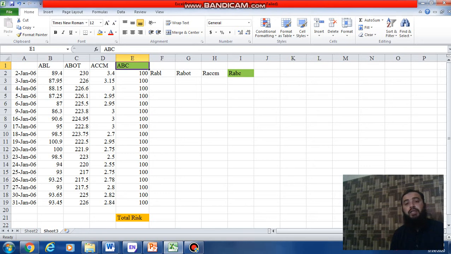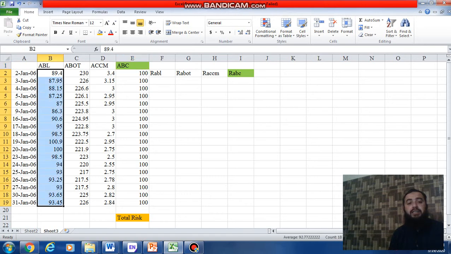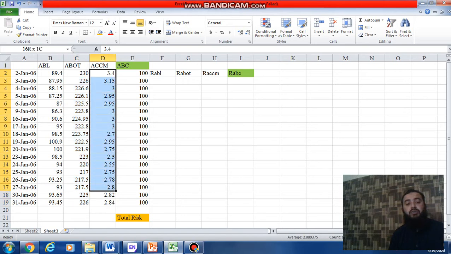As I told you earlier in the video, in Excel we can easily test different scenarios. So let's calculate the total risk of ABL. This is the original data of ABL, this is the original data of Abbott, and this is the original data of the third firm.